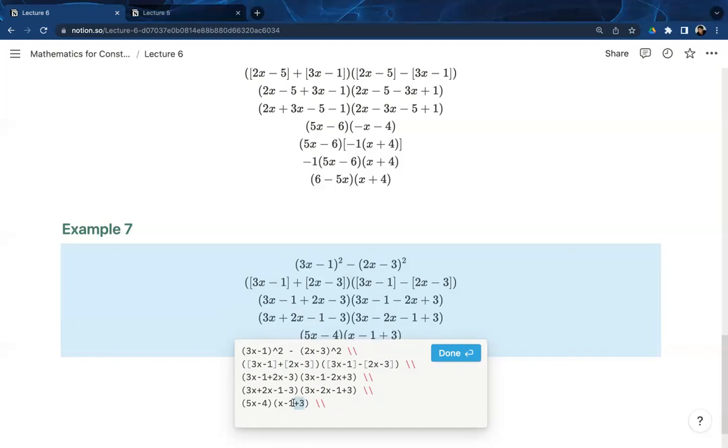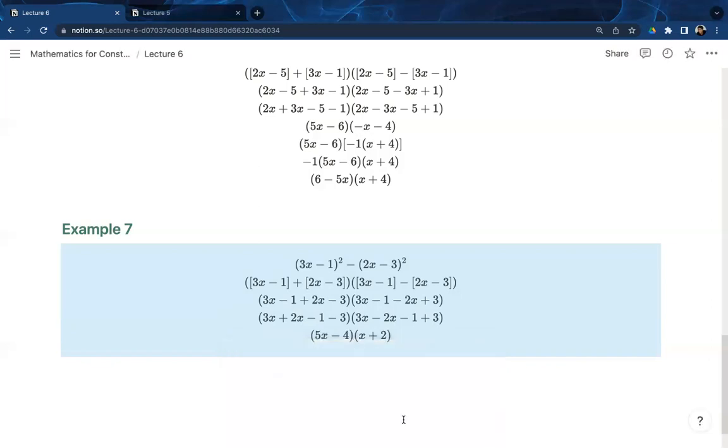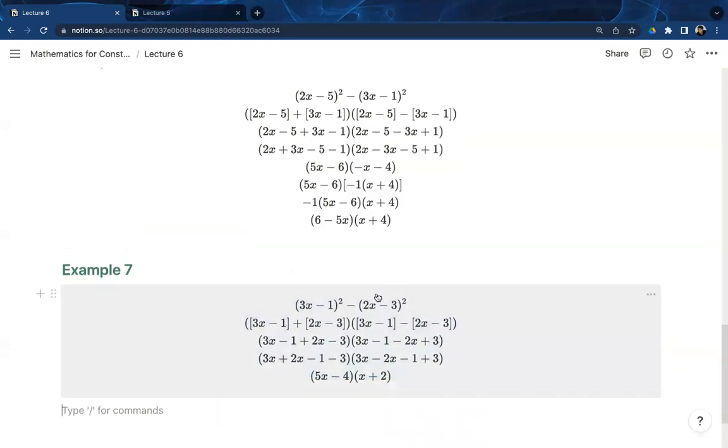Minus 1 plus 3 is plus 2. Okay, and that's the answer. The answer is typically 3 to 4 lines. This is a lot better than expanding the brackets and collecting like terms and simplifying, because that's easily 7 lines. But if you could spot the difference of two squares, you could use it.